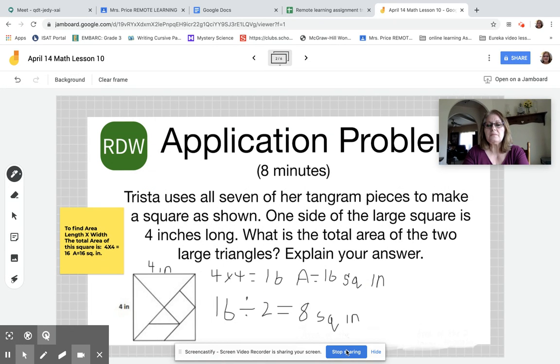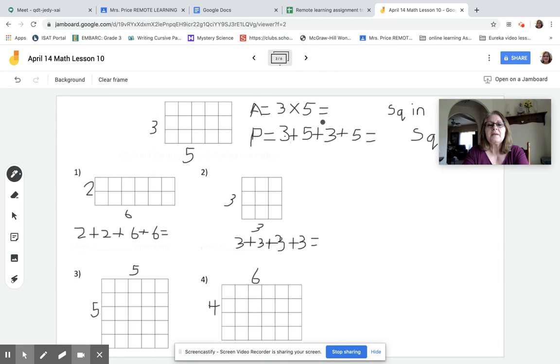Okay, let's go to the next page. We're going to look at these shapes here, and we're going to think about how we find area and perimeter. I do hope you've watched that Math Antiques video on perimeter, so that's going to help you understand how to do perimeter.